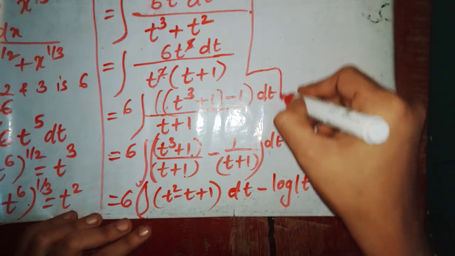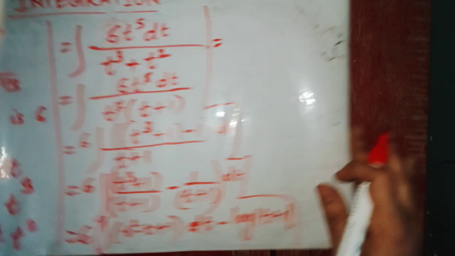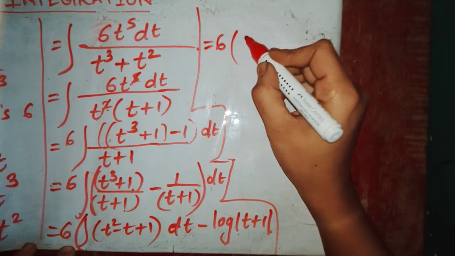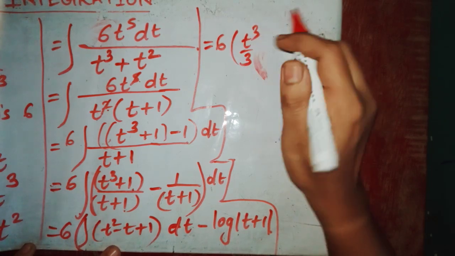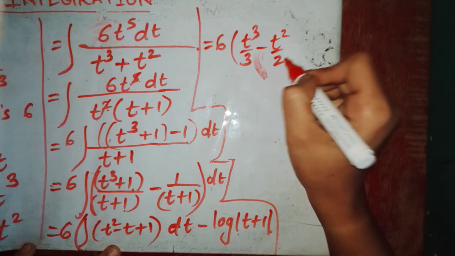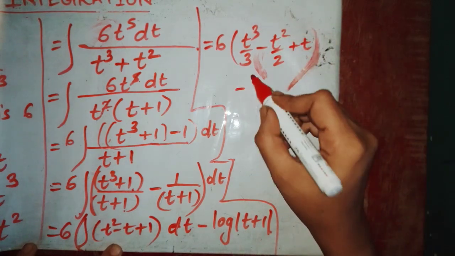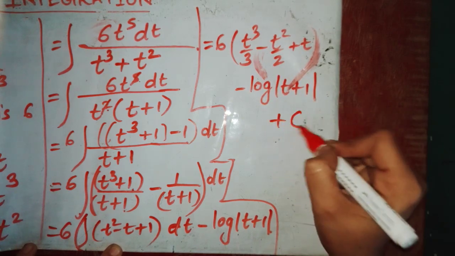Now you can integrate this. This is easy. 6 times (t cube by 3 minus t square by 2 plus t) minus log of (t plus 1) plus c.